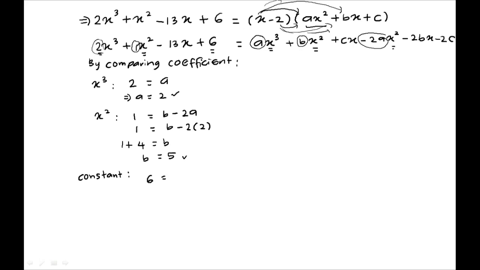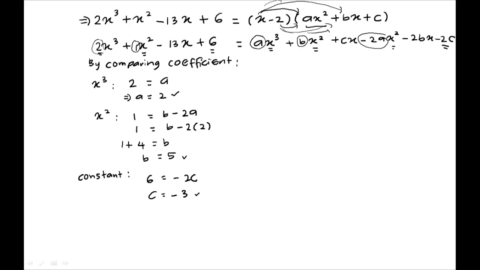For the right hand side, the constant, the term without x, the number only, is negative 2c. So 6 equals negative 2c. Make c the subject, so c divided by negative 2, c equals negative 3. So now we already have the values of a, b and c.